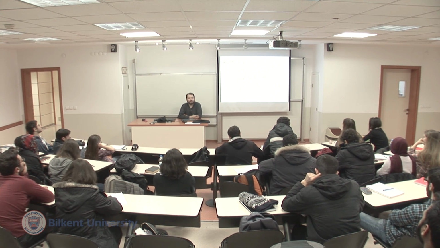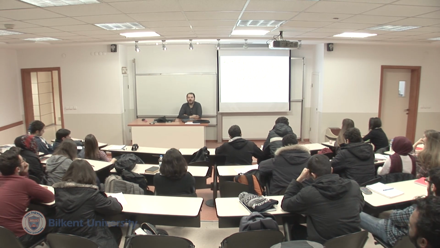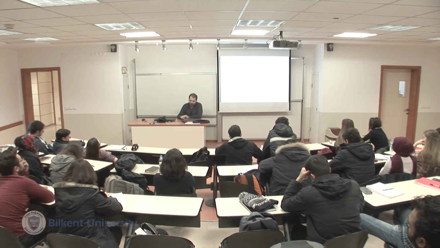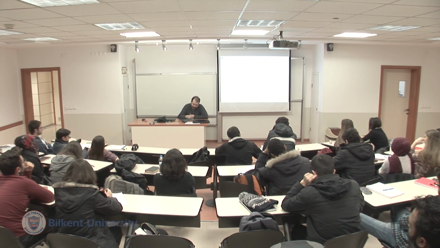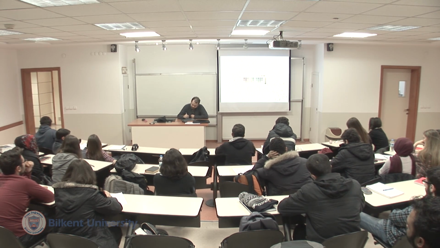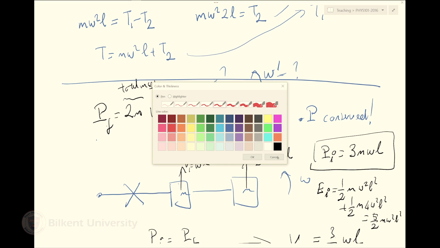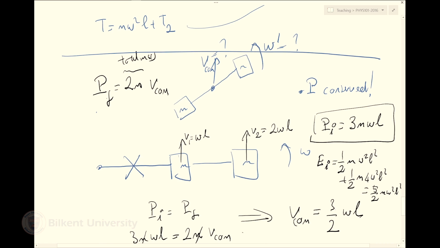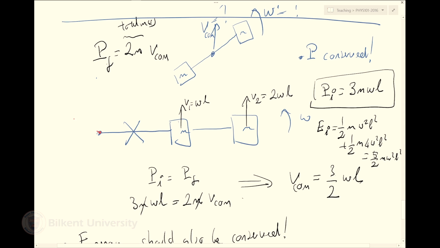Does it make sense? Let me check one more thing. Let me keep you a few more moments here. Could you close the door? What was the initial angular momentum with respect to the pivot point?